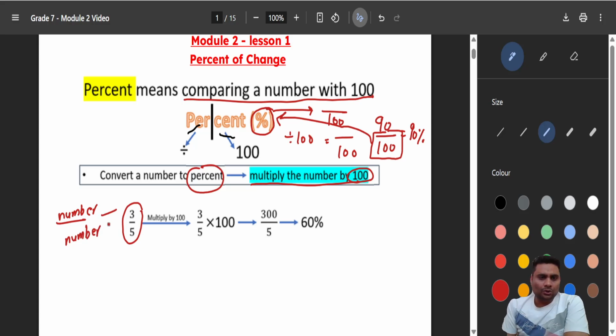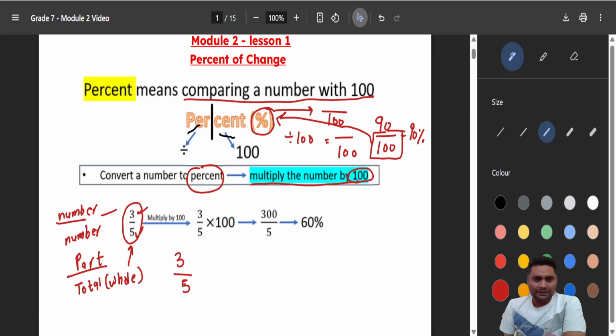The whole amount, the total, is given down, and a part of it is given up. Now we have to change this fraction into percent. What will I do? Multiply by 100.